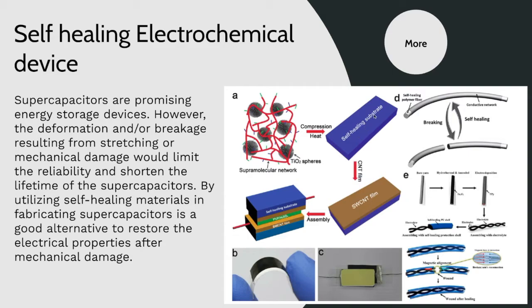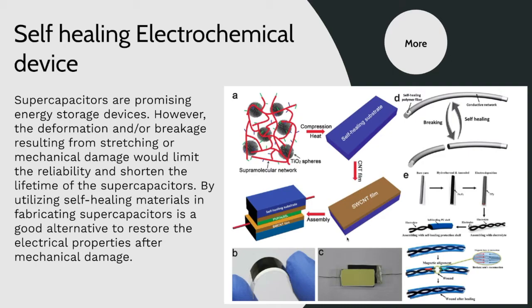They put the substrate on the SW, the single wall carbon nanotube film, and assemble several layers like this. So when does this device crack? Before it is cracking deeper inside, the substrate will self-heal. So it helps to maintain the device integrity.